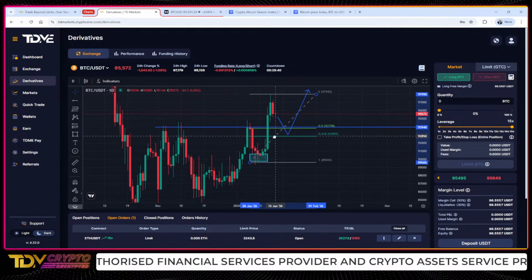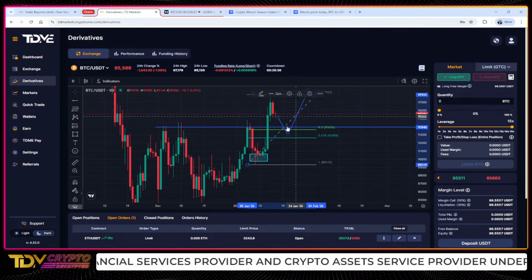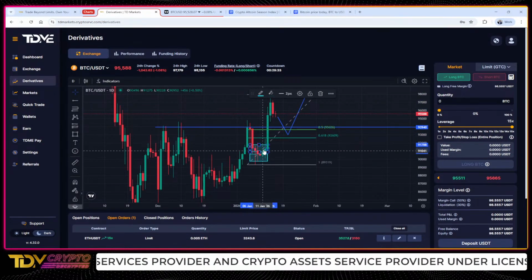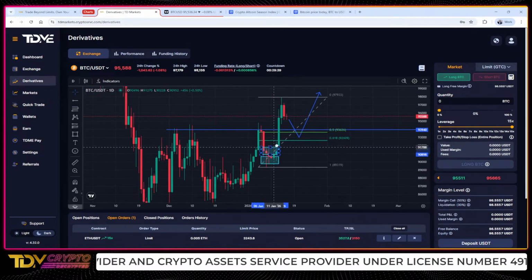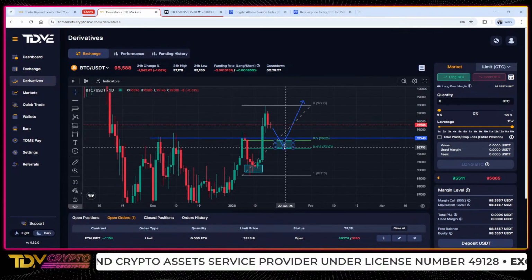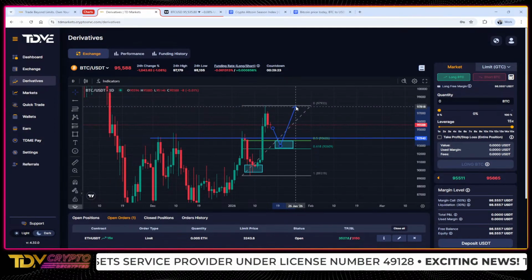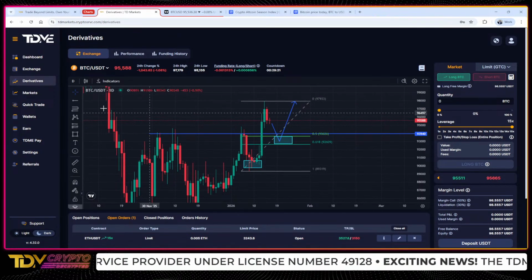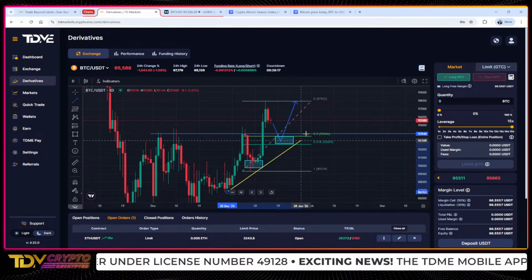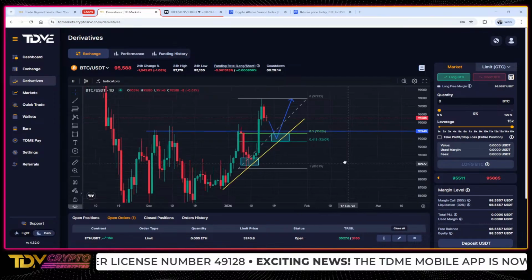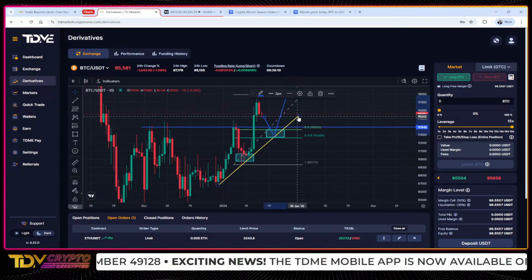So anticipating the same thing with the Fibonacci for price to retrace back inside the zone and then to give us a higher low there. So I'll be looking for a trade down here on Bitcoin, looking to take it all the way up there. One more retest and then a continuation up.